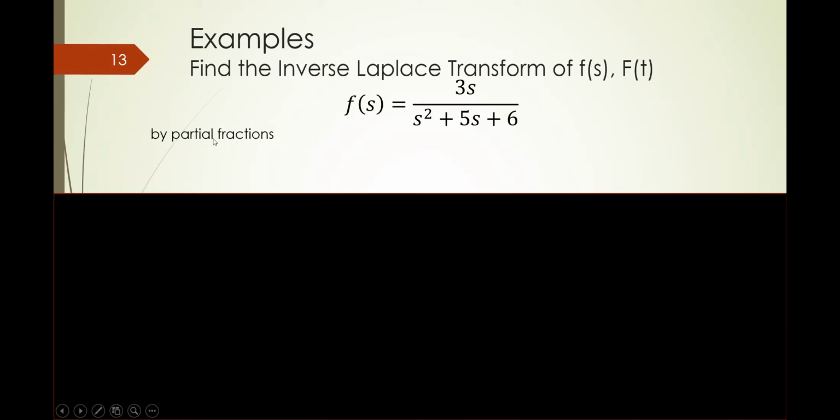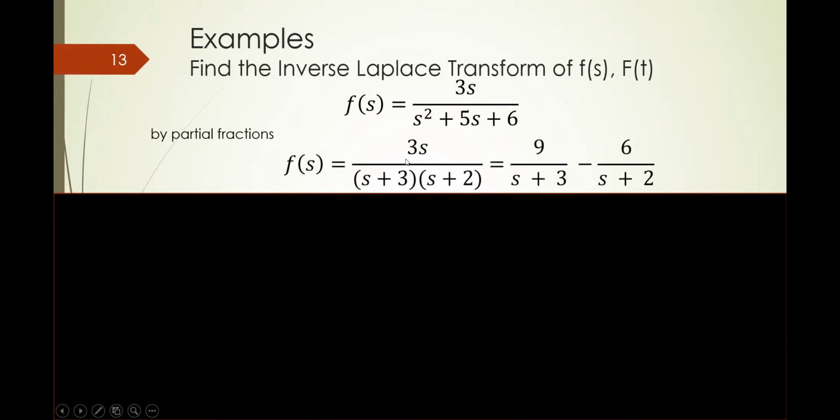It's called what? Remember partial fractions? So that one can be factored out. The denominator can be factored out as s plus 3 and s plus 2. I hope you still remember how to get the partial fractions. For example, you have in here 3s over s plus 3 and s plus 2.